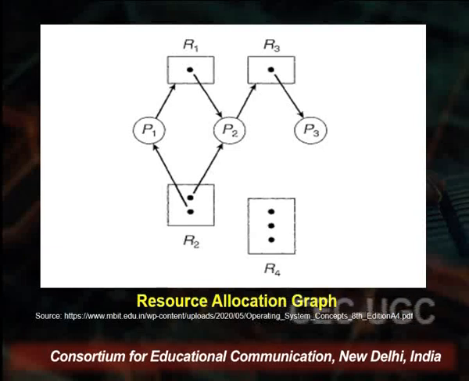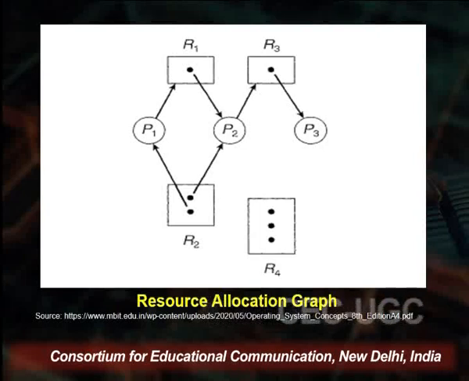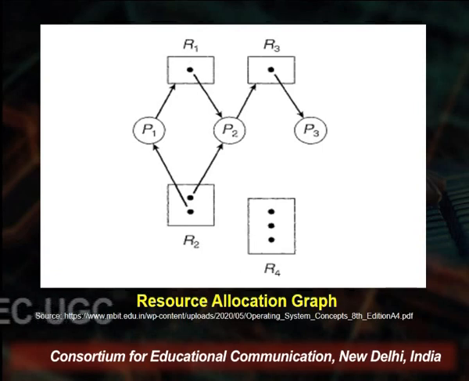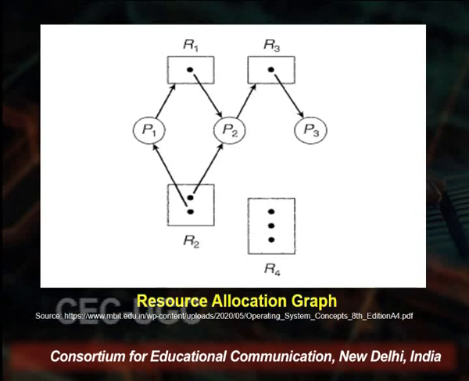Similarly, process P2 has taken one of the instances of resource R2 and is also requesting the resource R3, while the only available instance of R3 has already been given to P3, which is indicated by an edge from R3 to P3.